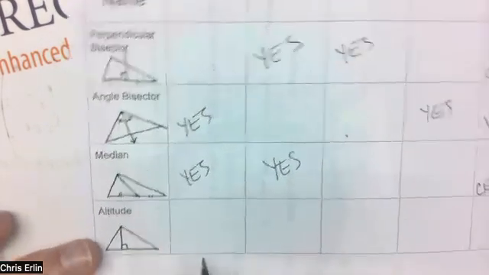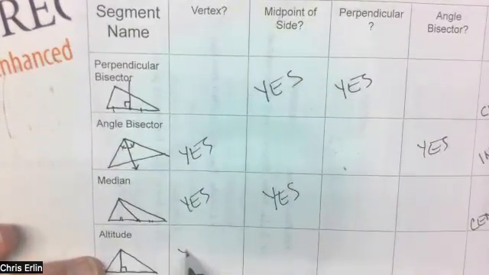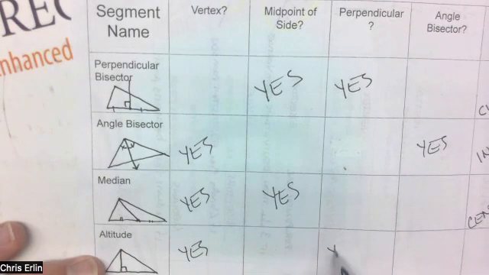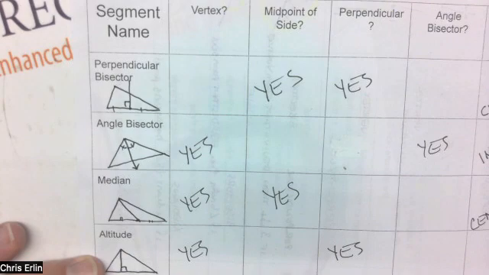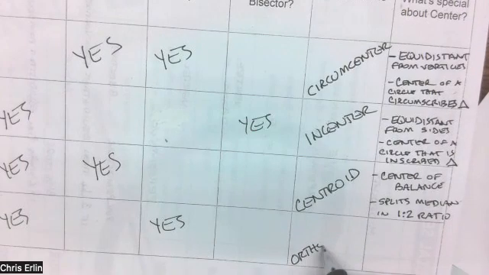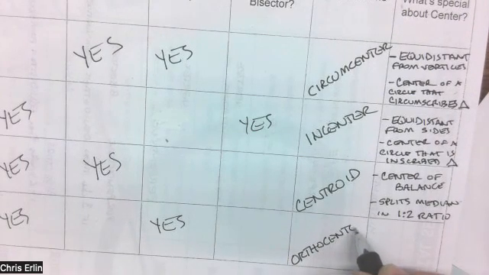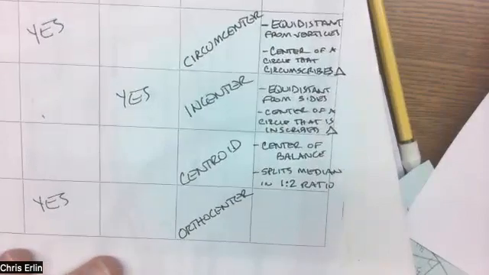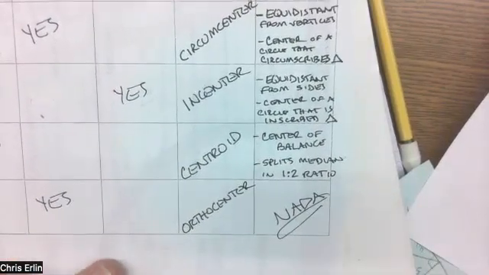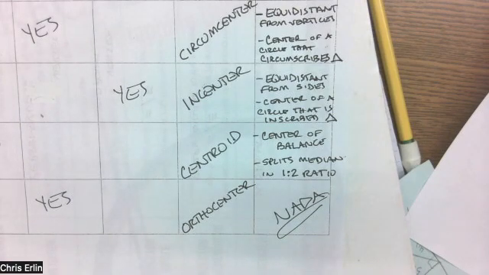Is it going to go through the vertex? Yes. Is it going through the midpoint of the side? No. Is it perpendicular? Yes. Is it an angle bisector? No. And the center name? Orthocenter. And sadly, the special feature of this is, for our purposes, nada, nothing, niente.